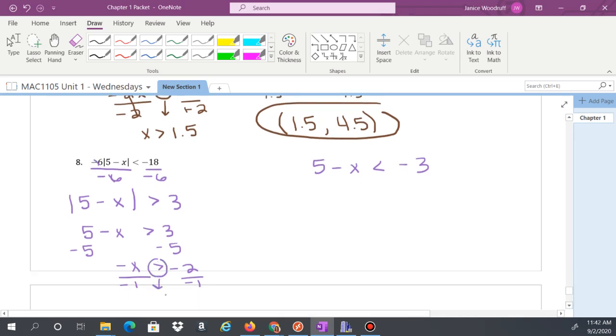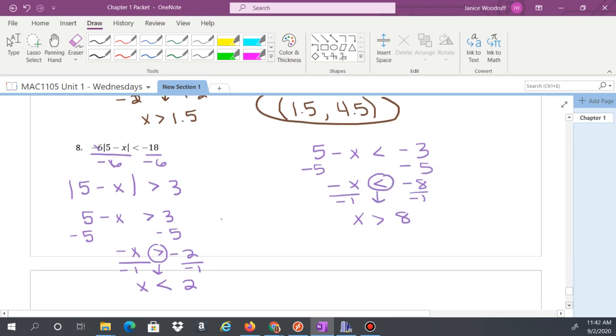Okay, so this is going to go back to x is less than 2. Okay, then on this side I've got negative x is less than negative 8. Divide by negative 1. You're going to go x is greater than positive 8.